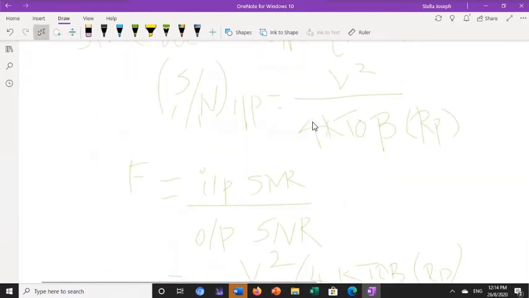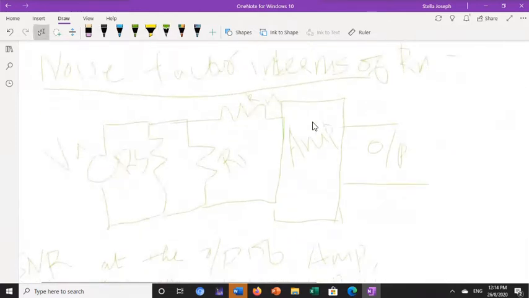Copy this. Understood? What is noise factor? Okay, so copy this noise factor in terms of Rn. Then there is one more topic called noise figure.